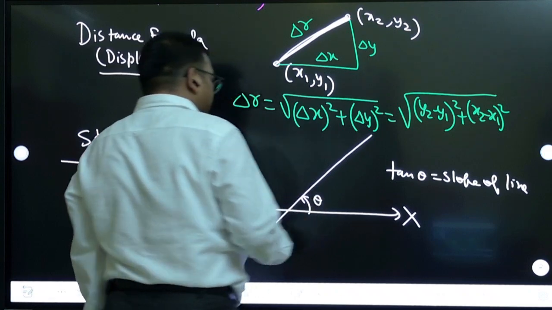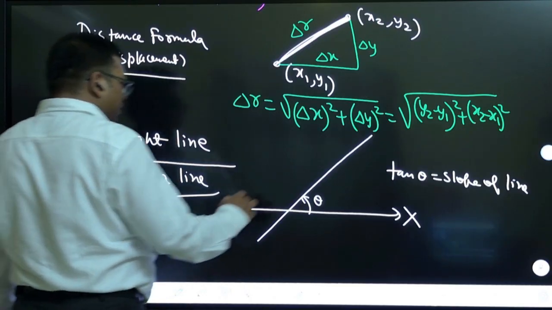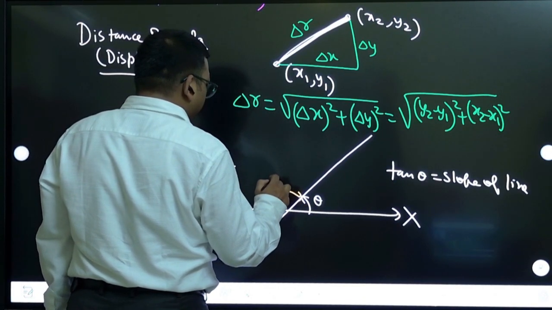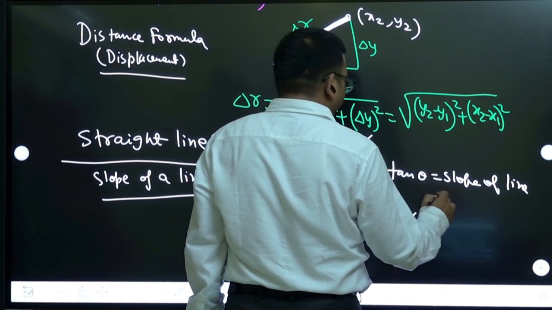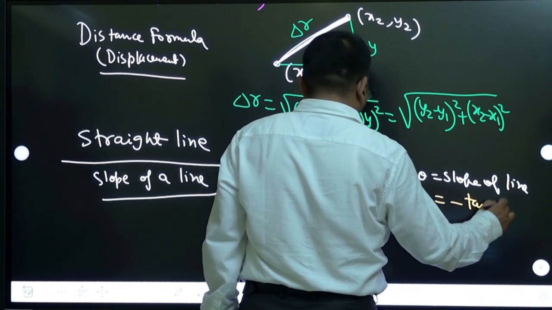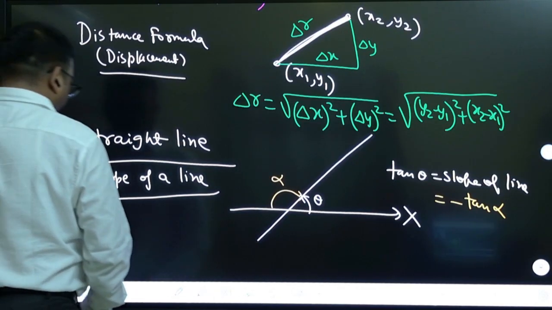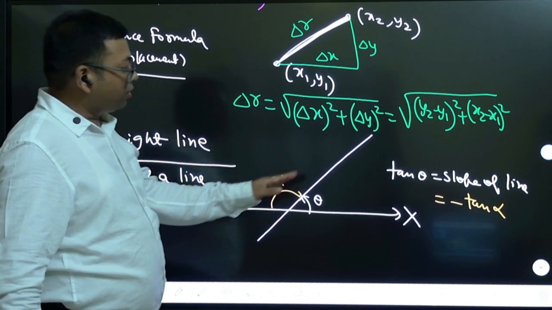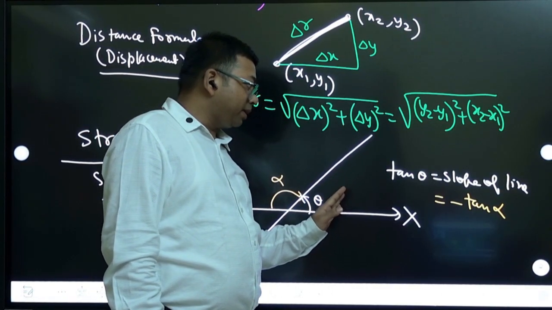Note that this angle theta is measured anti-clockwise. Suppose this line is making an angle from this side. Let us say this angle is alpha. Then the slope we can also write as minus tan alpha. So if you are measuring the angle from the positive side, you have to write plus tan theta.